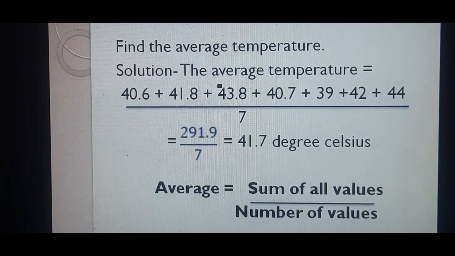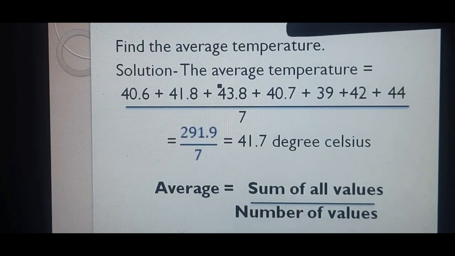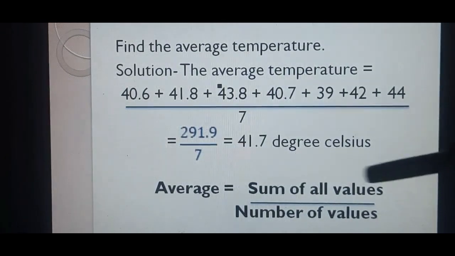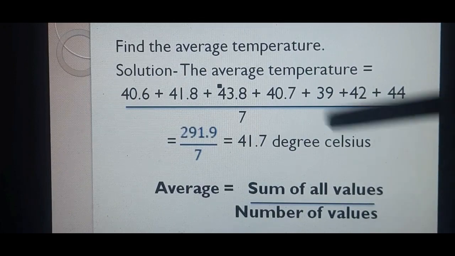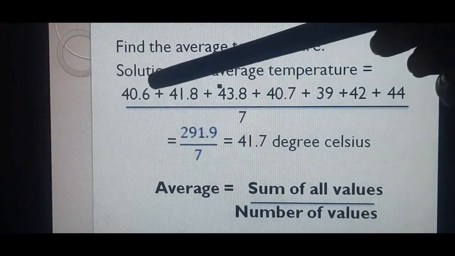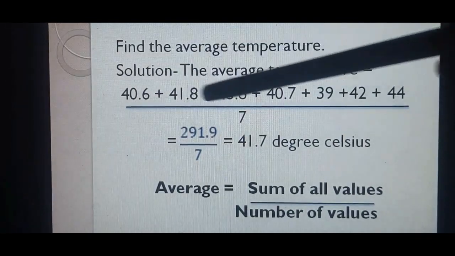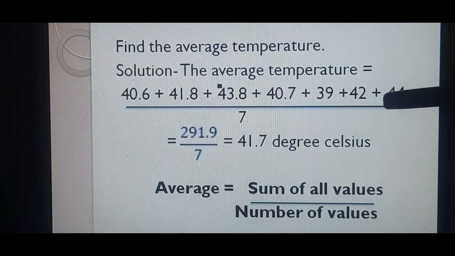है ना? टेबल बनी हुई है, थोड़ा सा बिग लग रहा है, क्वेश्चन थोड़ा डिफिकल्ट दिख रहा है, बट है नहीं, बिकॉज टेम्परेचर इज गिवन एंड यू नो हाउ टू फाइंड आउट द एवरेज. Average formula is there, sum of all the values divided by number of the values. So sum of the values, that is maximum temperature, you can write down with addition sign because you are finding out the total.